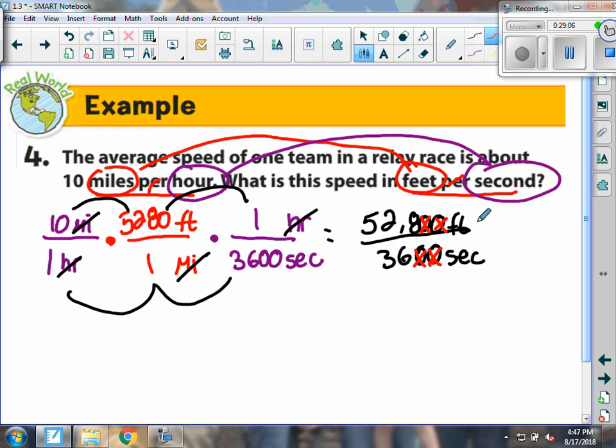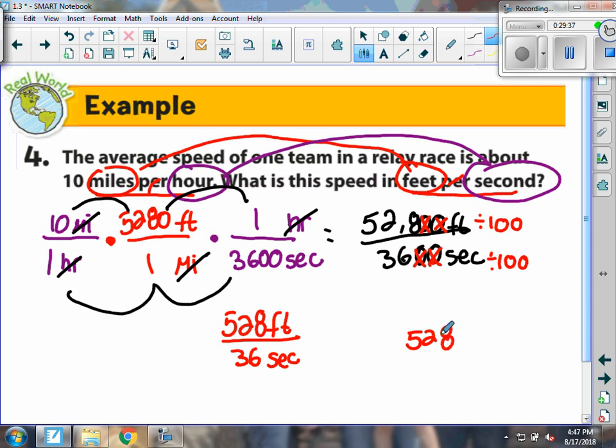By getting rid of those 2 zeros, I did the exact same thing as dividing by 100. So now I have 528 feet over 36 seconds. That is so much easier to divide than these big numbers. Anytime you see that, as long as you have the same amount of zeros, you can reduce them like that.